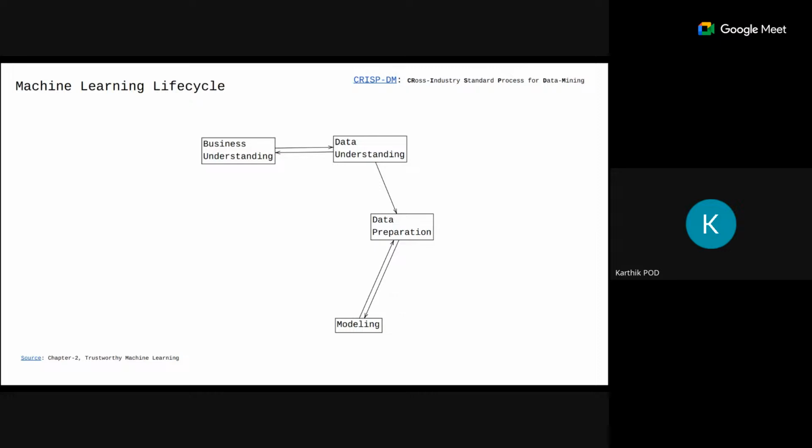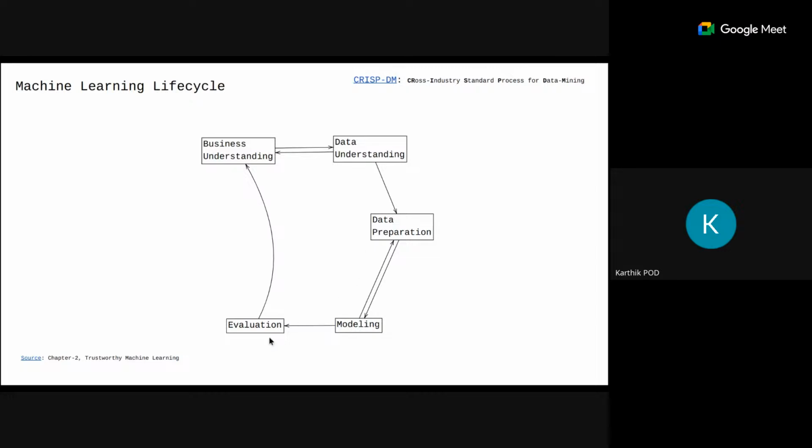And then once you have the data, you will start modeling. So this is what we have discussed in our course. The first three items we have not at all discussed because that's outside the scope. Mainly we have discussed how do you apply a model on top of existing data. Okay, and then you have to evaluate the model. You have to see how well it is performing. Depending on that, you will go back and fine tune your business problem, right?